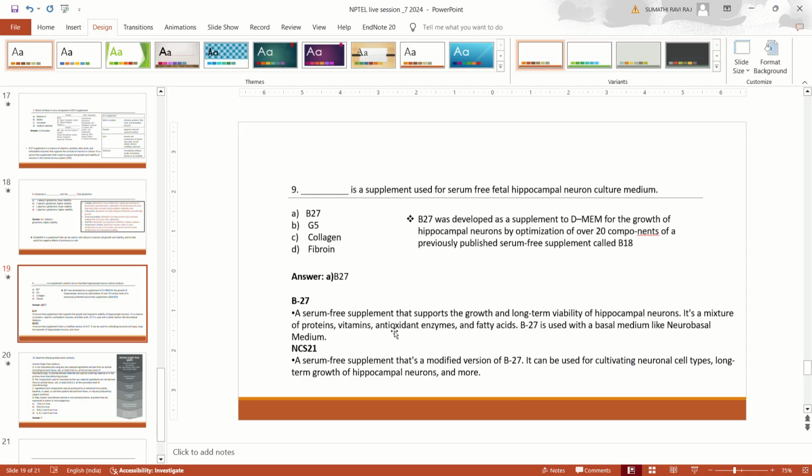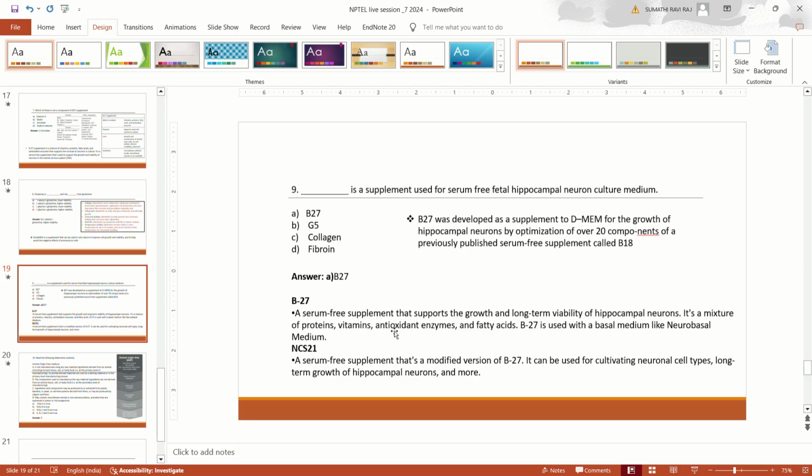Next, dash is the supplement used for serum-free fetal hippocampal neuron culture media. So the answer is B27 supplement. B27 was developed as a supplement to DMEM for the growth of hippocampal neurons by optimization of over 20 components of a previously published serum-free supplement called B18.